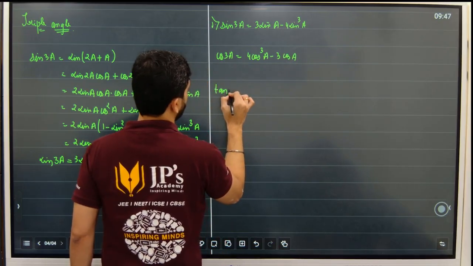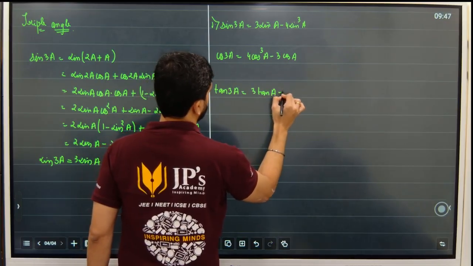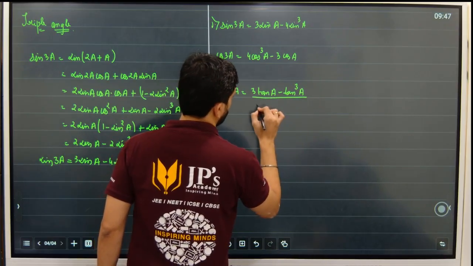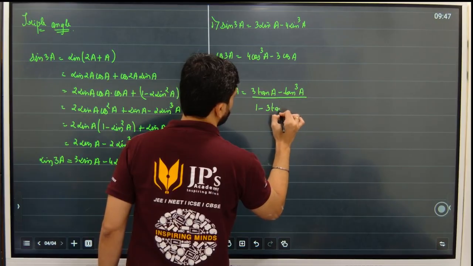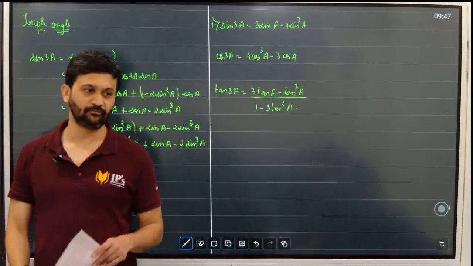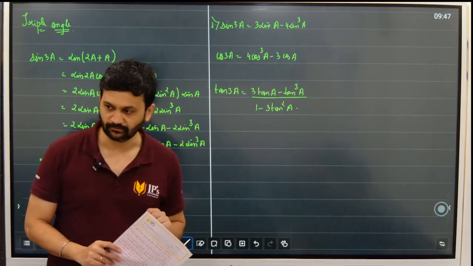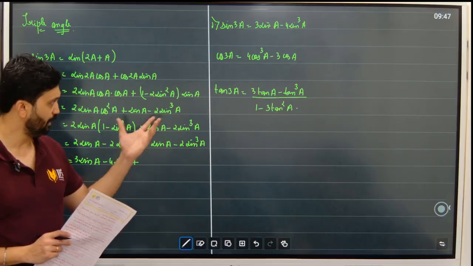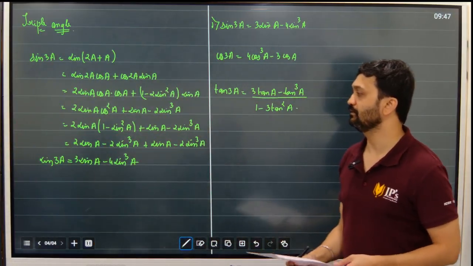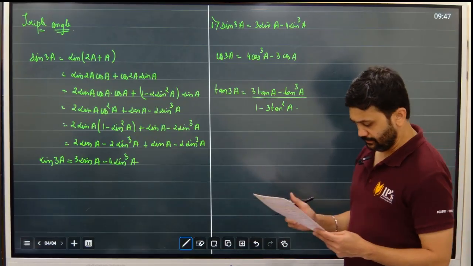And tan 3a becomes (3 tan a minus tan cube a) the whole upon (1 minus 3 tan square a). So guys, we have the formula for sin 3, cos 3, and tan 3. Anybody has any doubts here? I have just showed it to you guys, how you're going to derive it. Understood everyone?